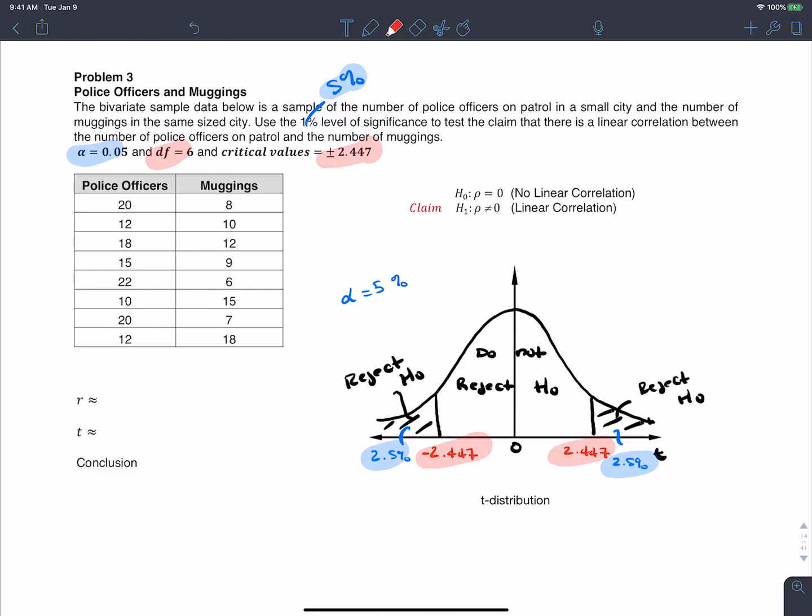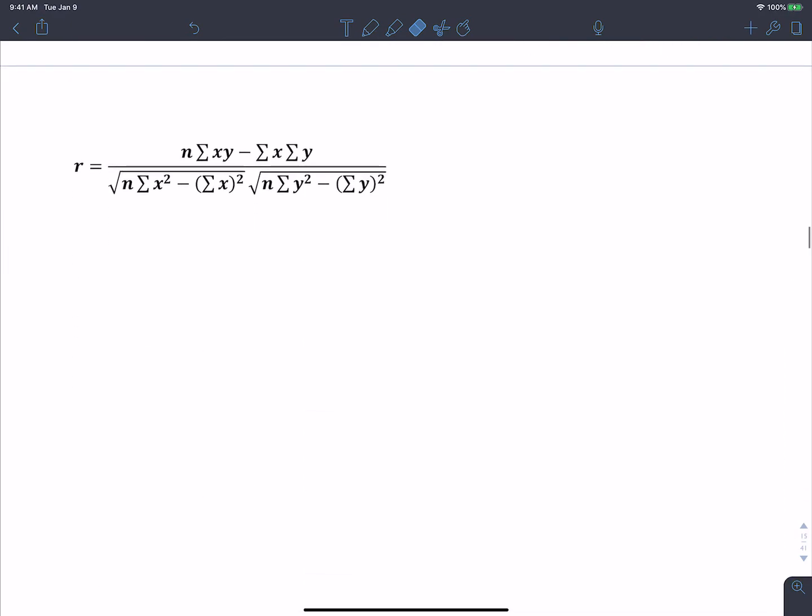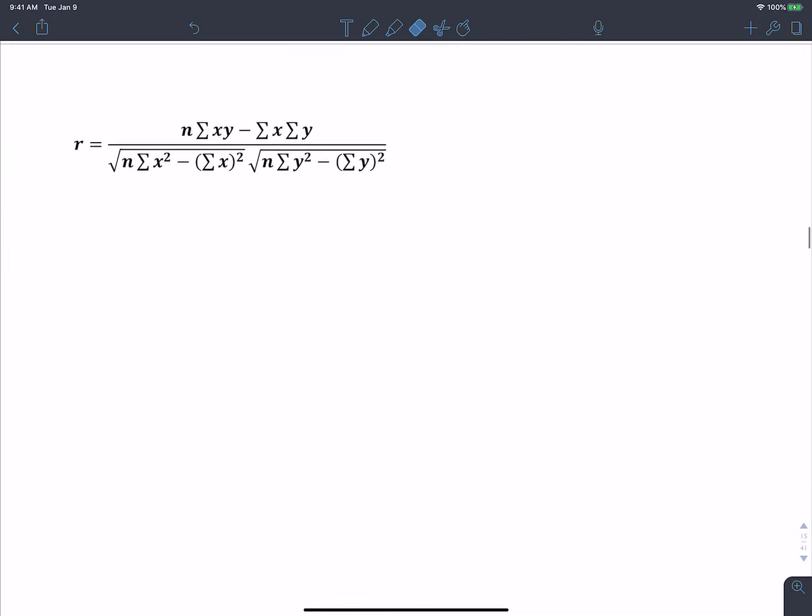Now, to answer your question, you might say, oh, Mr. Judge, how do we get that R value? To get the R value, we're going to use this information here. So remember, I said write down all this stuff. So we have n is what? 8. Is that right? What's my sum xy? 1269.